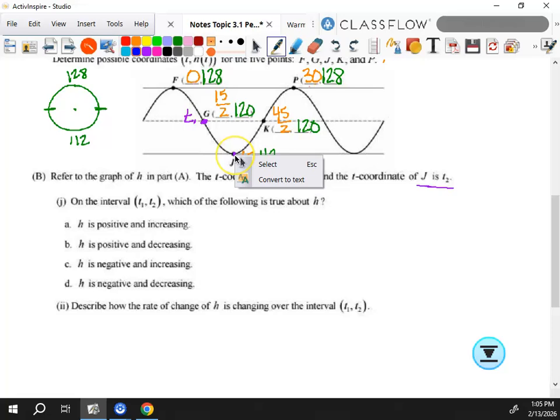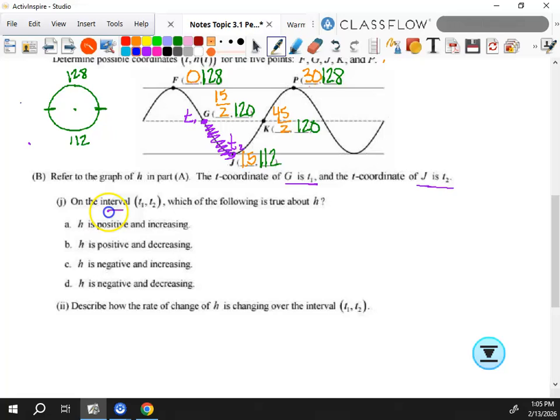So here's J, and that is T2, okay? On the interval from T1 to T2, so I'm not looking at the entire graph. I'm only looking at this interval. So even if I don't label it T1 and T2, which I may not do moving forward, I would at least shade or scribble in that section of the graph. That is the part that I'm looking at right now.